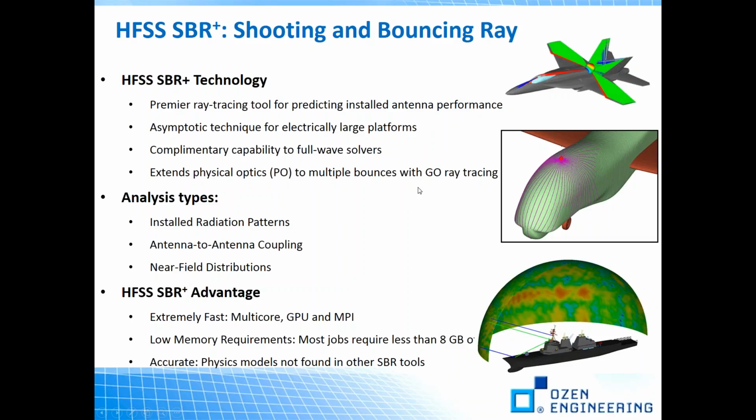For example, if you design the antenna in HFSS, you can bring it into HFSS-SBR and place it on your platform, whatever your platform is, and it uses the shooting and bouncing ray technique to solve it. So it's going to save you a lot of time and, for sure, a lot of the computation resources you need. It's pretty much faster than even HFSS IE.